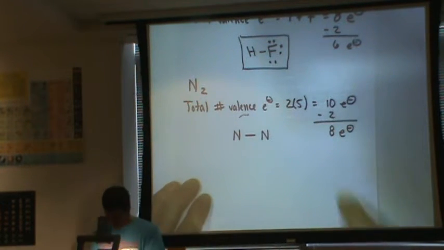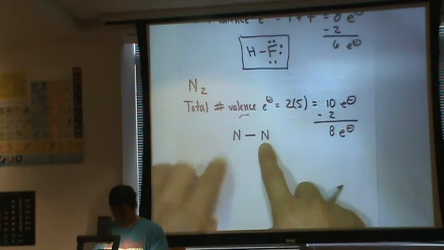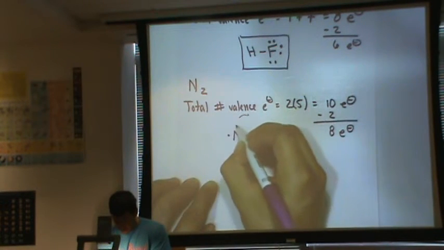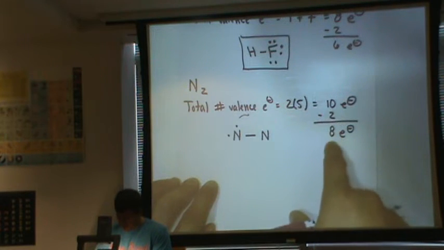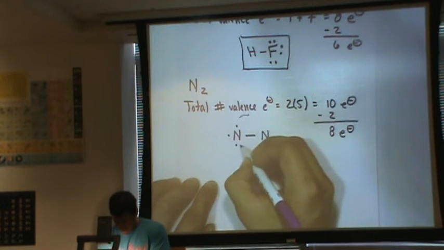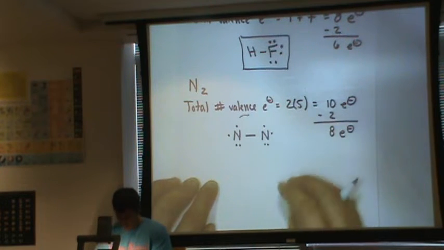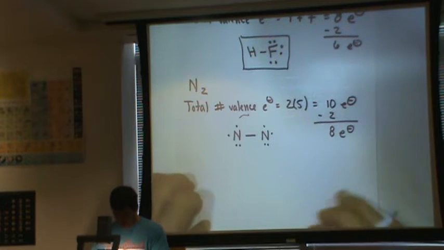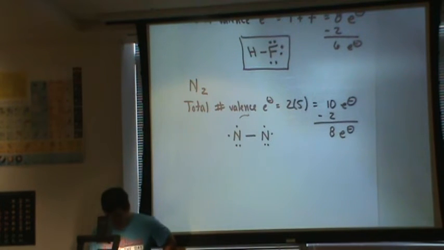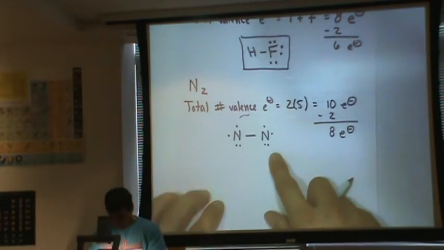What I'm going to do first is put the 8 electrons around both of these nitrogen atoms, evenly spaced: 4 on one nitrogen and 4 on the other.